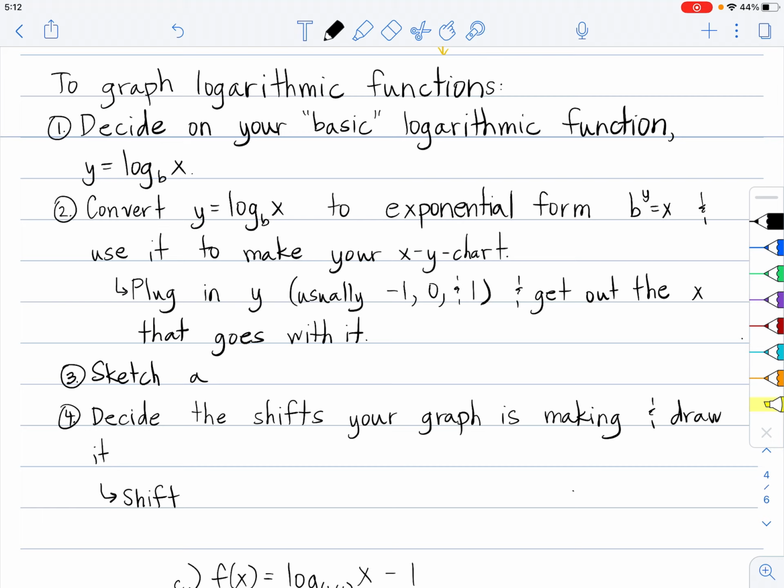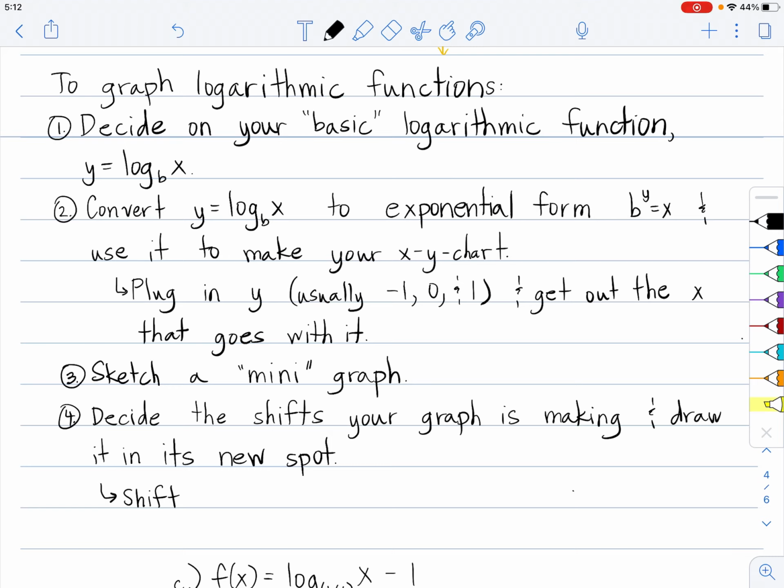Sketch a mini graph. And decide the shifts your graph is making and draw it in its new spot.